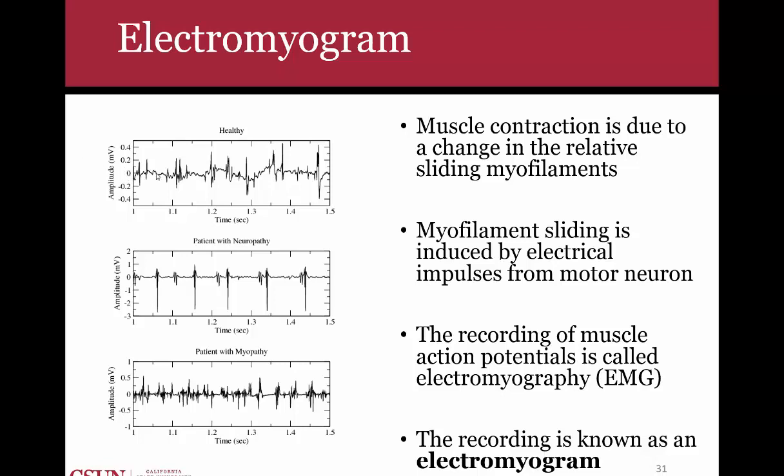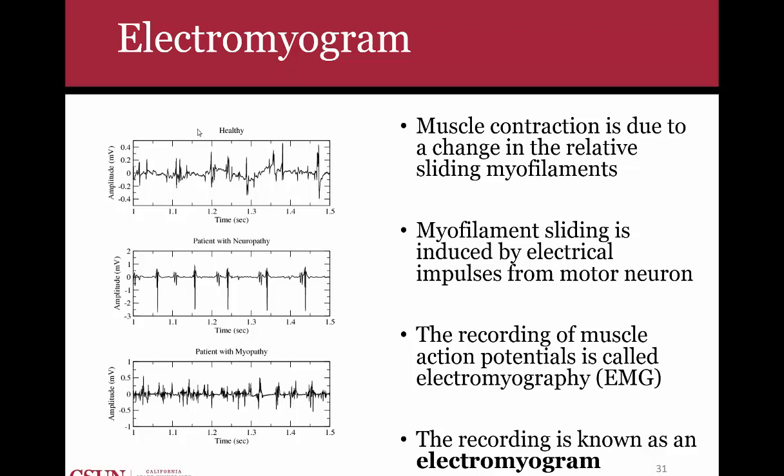So remember that you have millions of these neurons and these neuromuscular junctions in any part of your body. So the summation of all of those action potentials within the muscle and correspondingly the actual contractions can be measured on the surface of your skin.